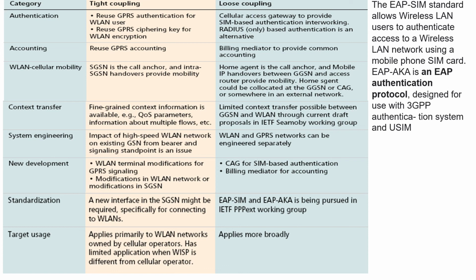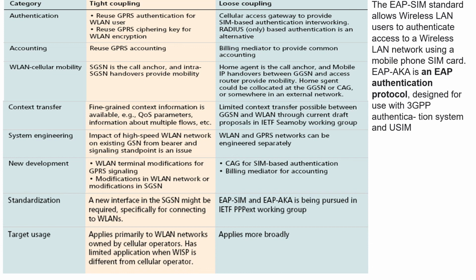The impact of the high speed network on the existing cellular network will be an issue. Wireless LAN is very high speed, but its range is short. If you consider the cellular network, the speed is low but the range is high. In the loosely coupled case, both are considered separately, so you need not worry about the variation in speed between wireless LAN and GPRS.